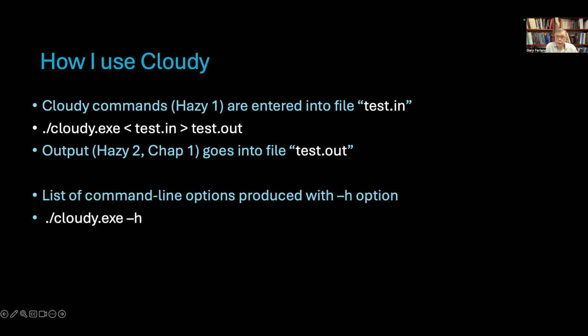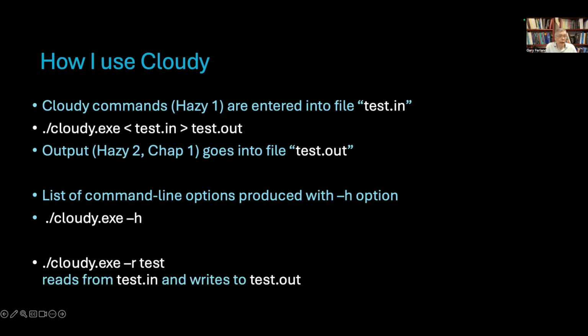There's a slew of other options to set up other ways to run Cloudy, and to see these options, just run Cloudy once with the -h option for help. When you do that, you'll find a screen full of command line options that allow you to run Cloudy in different ways. The way I do it is the -r option. There are many other ways, but I would run Cloudy with -r.